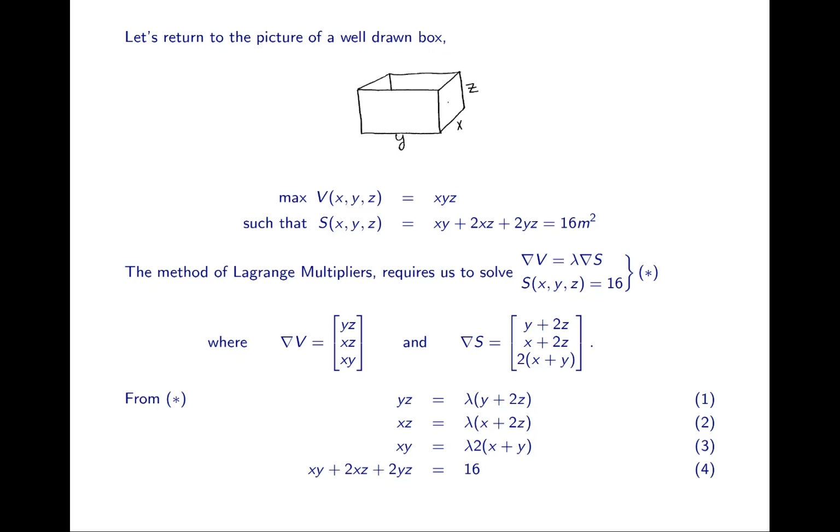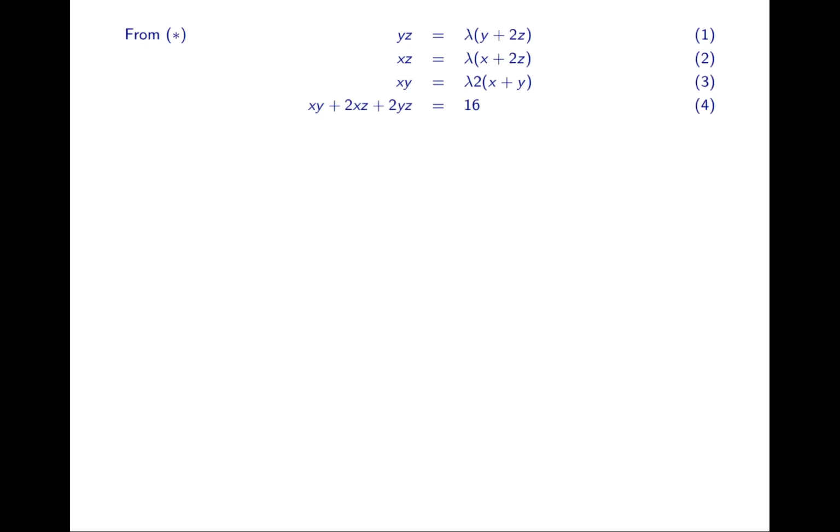But if we had to solve this by hand, how would we do it? Well, let's take a look at equations 1 through 4 from the previous page. If I subtract 2 from 1, I get z times y minus x equals lambda times y minus x.